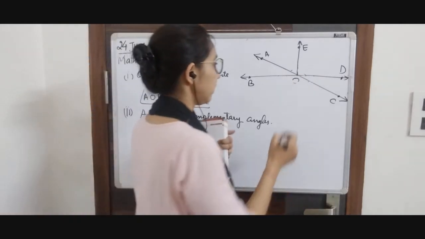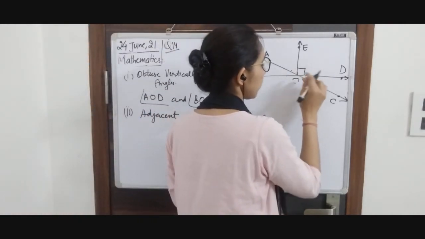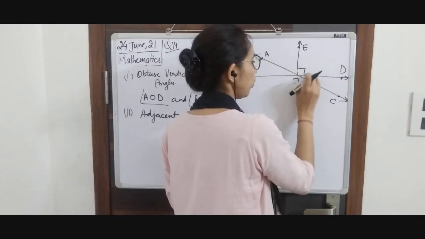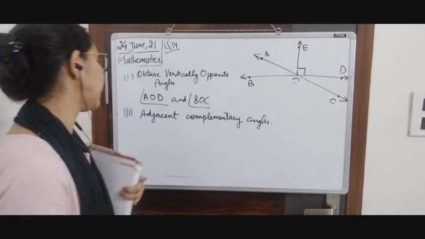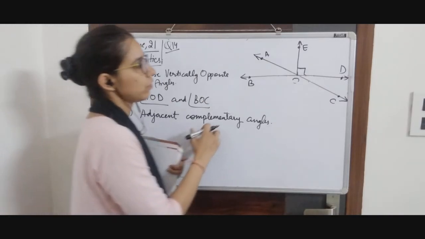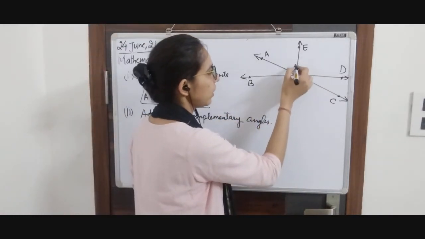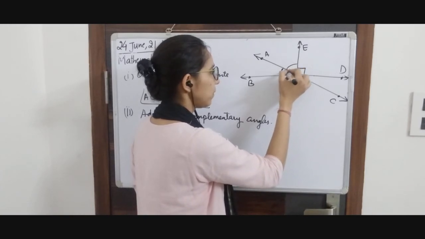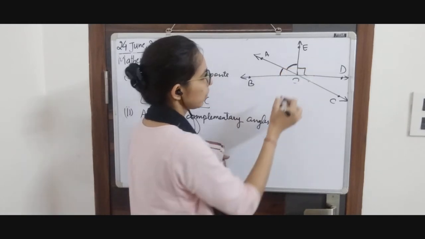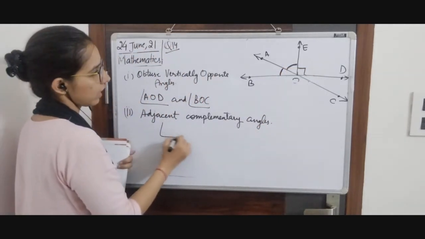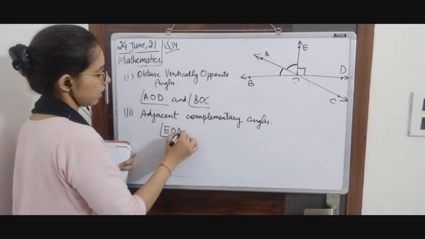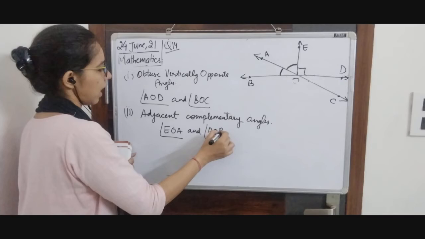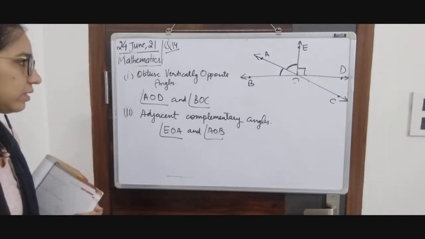It is right here. Why? This is a line, this is a perpendicular line on it, so this is going to be a right angle. But we have to find adjacent complementary angles, so they should be lying on the other side of it. If they are this and this, this and this. Okay, so we are going to write the names: angle EOA and angle AOB. These are adjacent complementary angles.